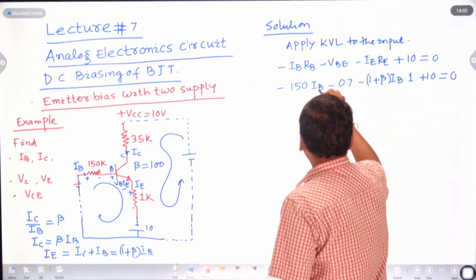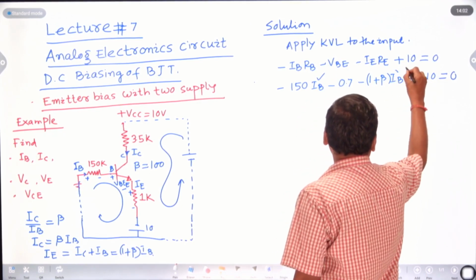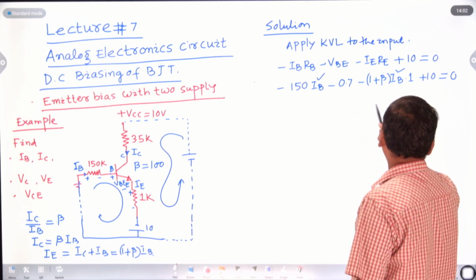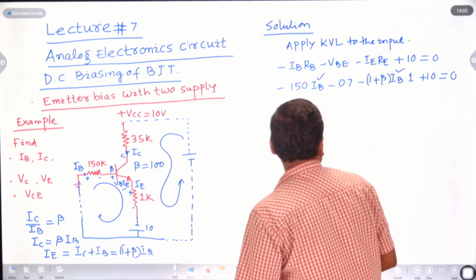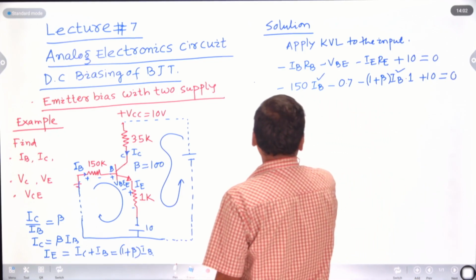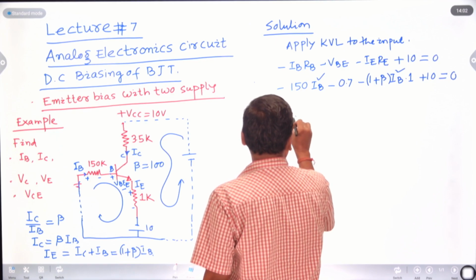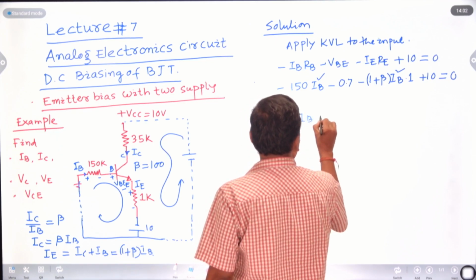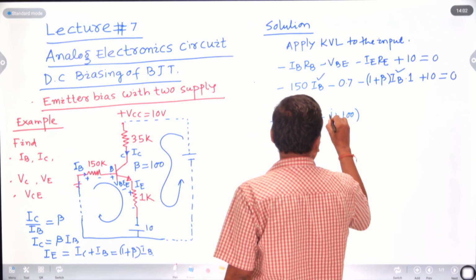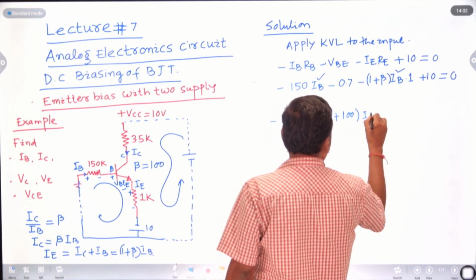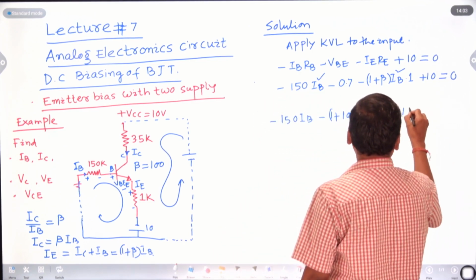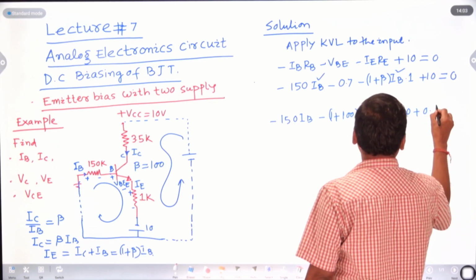Here the terms containing IB, and another two terms, that is minus 0.7 and plus 10. Go to the right hand side: if it is minus, it becomes plus, and plus becomes minus. So minus 150 IB minus 1 plus beta, beta is 100, 1 plus 100 into IB equal to minus 10 plus 0.7.